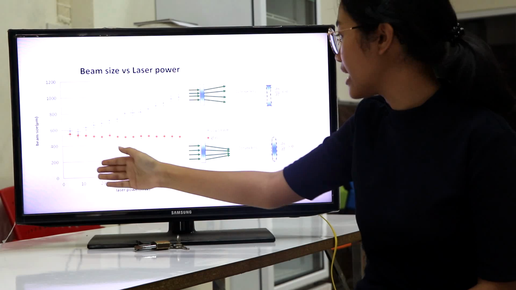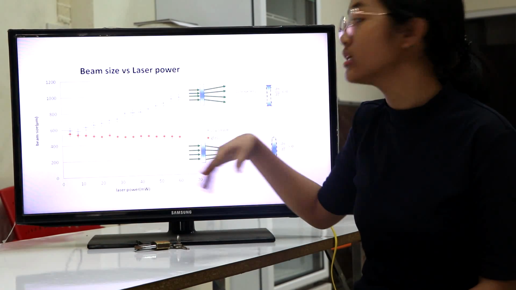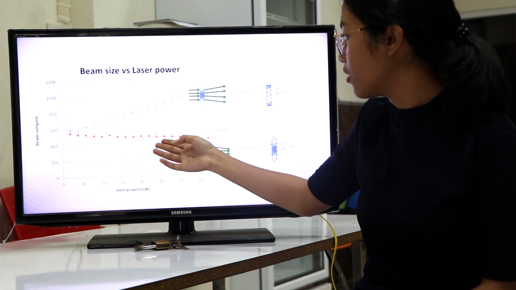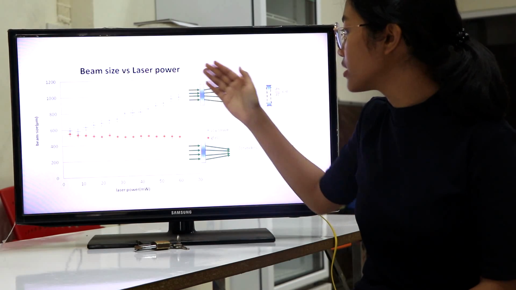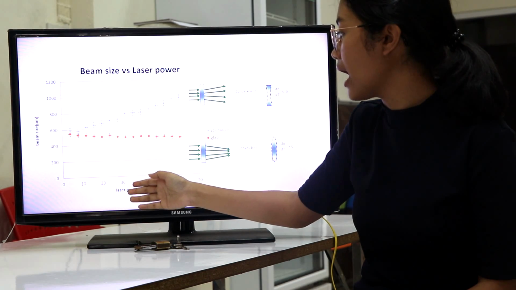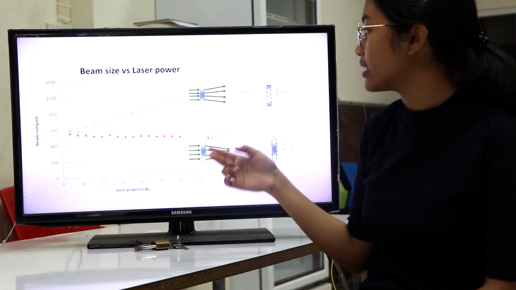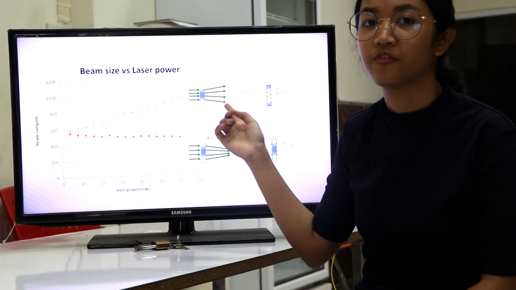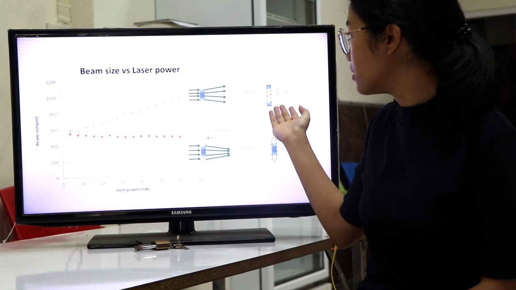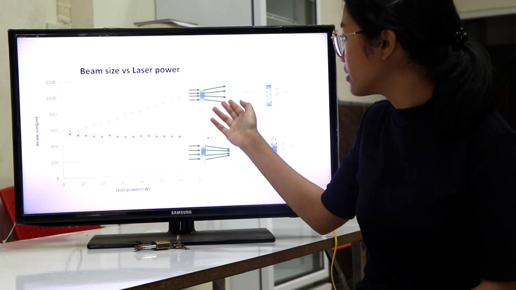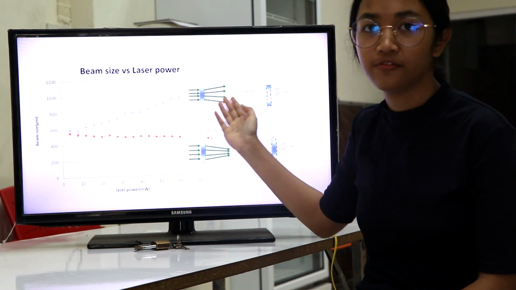This is the beam size from soy sauce in the glass cuvette, and this is the beam size from only the glass cuvette as the reference. We see that for the soy sauce, the higher the laser power, the bigger the beam size. So we can conclude that our soy sauce has a negative thermal optic coefficient, and it makes the result look like the beam passed through a concave lens.